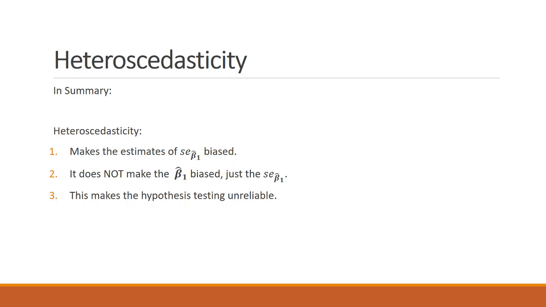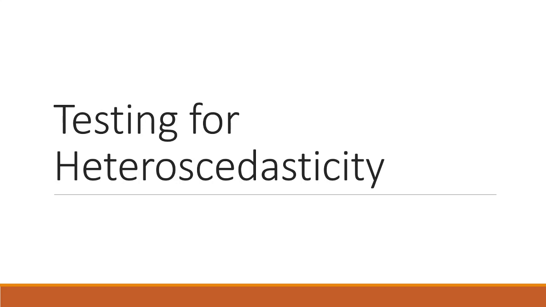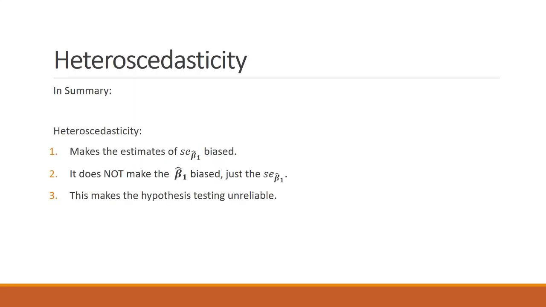That means when we're interpreting our regression results, we don't know whether we can trust if it's significant or not significant, because the standard error is biased. So that will be a big problem. It doesn't make our coefficients biased, but it makes our hypothesis testing unreliable.